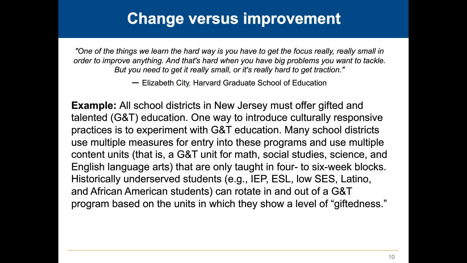More low socioeconomic standard or free and reduced lunch students are finding their way into these gifted and talented education. And Latino and African American students are rotating in and out of these areas because they are showing a level of giftedness, to steal from one of my favorite gifted education educators, Joseph Renzulli at the University of Connecticut.